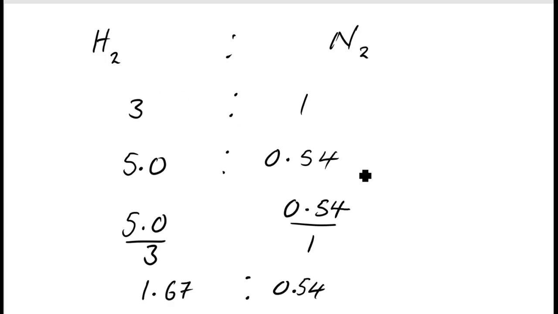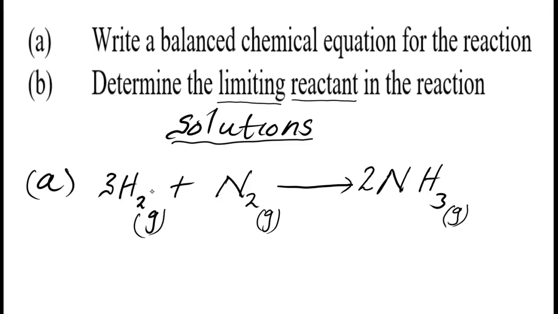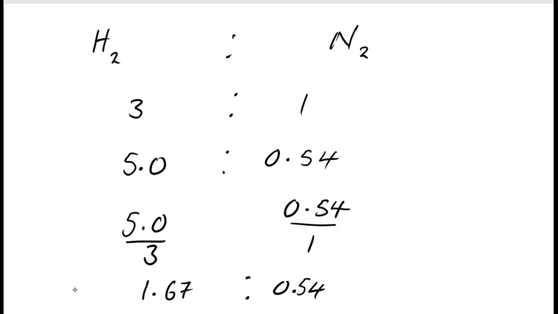Okay, that is simple and straightforward. First of all, you find the number of moles for each, and then using the balanced chemical equation, you get the coefficient for hydrogen and divide it into the number of moles for hydrogen that you found. You also get the coefficient for nitrogen, which is 1, and divide it into the number of moles for nitrogen, and then you compare the results.